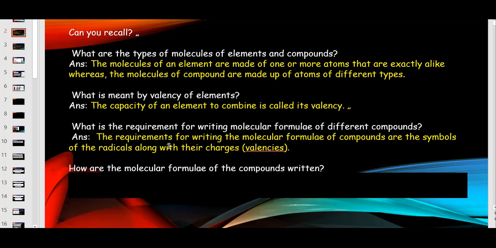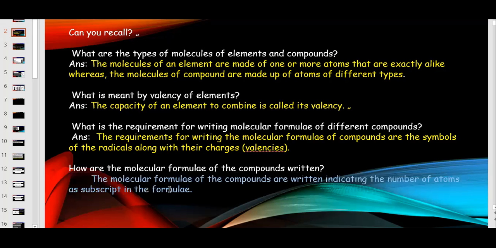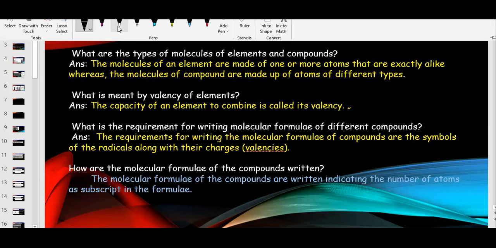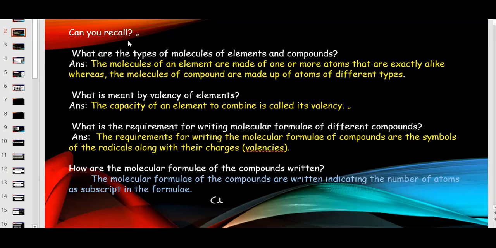How is the molecular formula of a compound written? The molecular formula of compounds is written indicating the number of atoms as a subscript in the formula. Suppose I'm taking the example of chlorine. Chlorine wants one electron from somebody else because its outermost shell has 7 electrons.